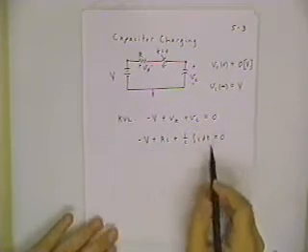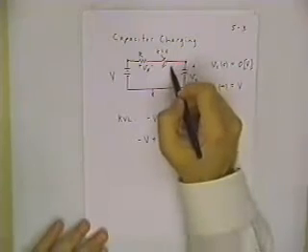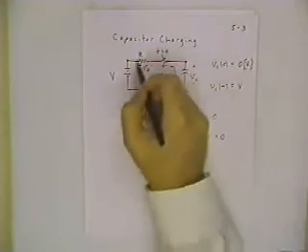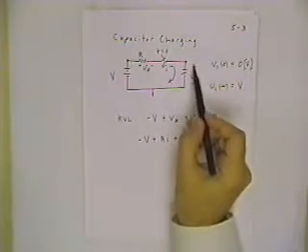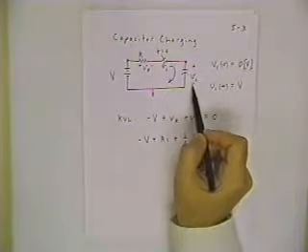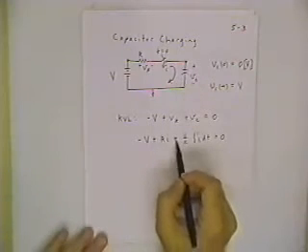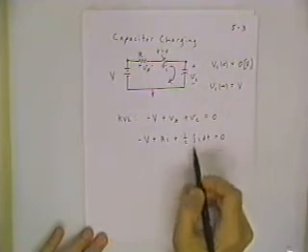You should remember that's from the passive sign convention. The current that I'm describing in this equation is the current going clockwise through the circuit, and it's going from higher to lower potential. The capacitor here is acting like a passive element, and so I use the positive sign in my model.